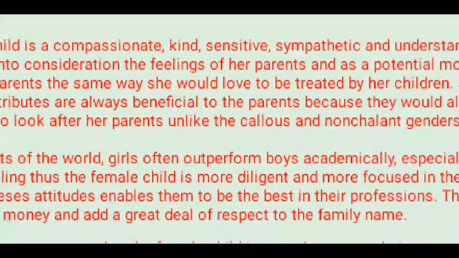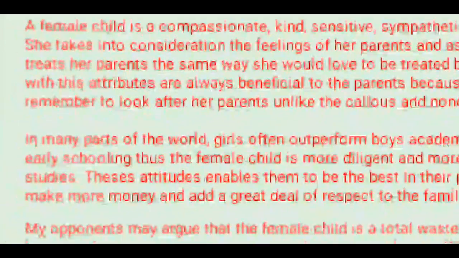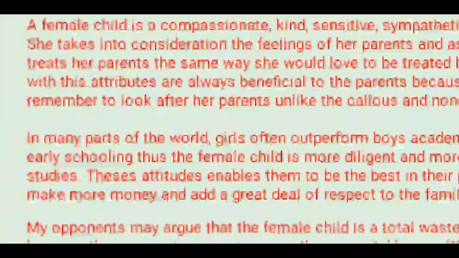So the writer has given his logical proof that a female child is more compassionate, more sensitive, more sympathetic than the male child, who is callous and nonchalant. And with these attributes, they are likely to be more beneficial to the parents than the male child.